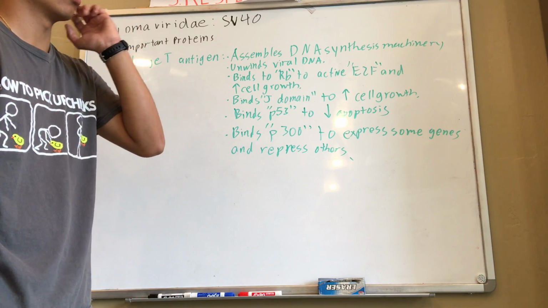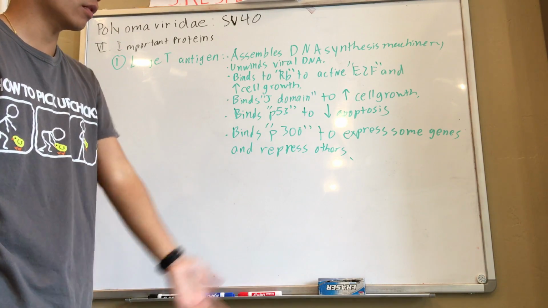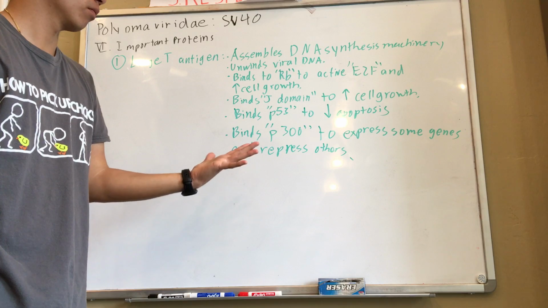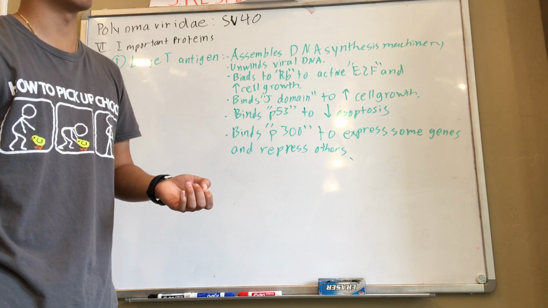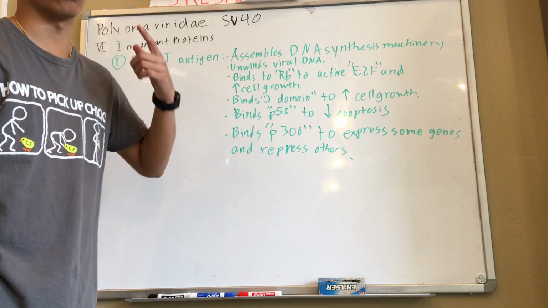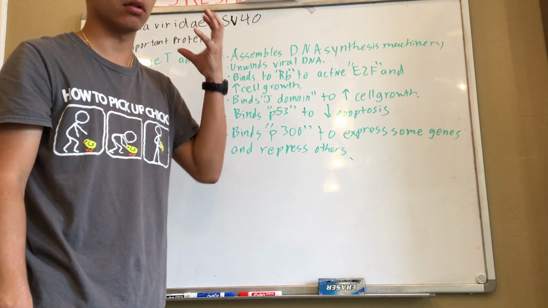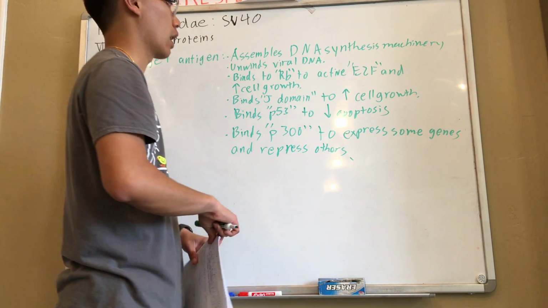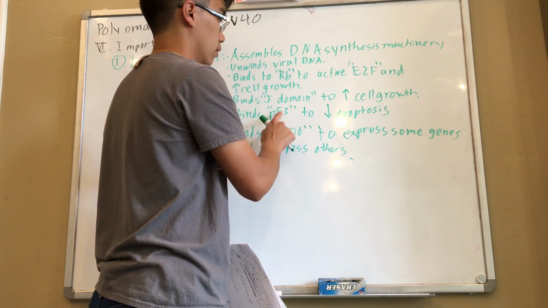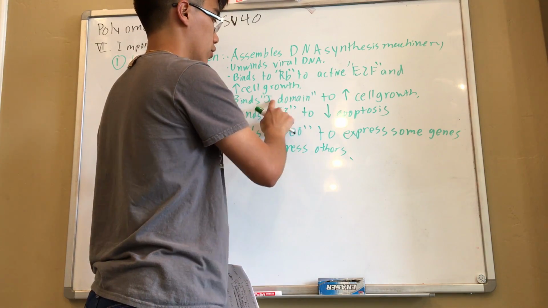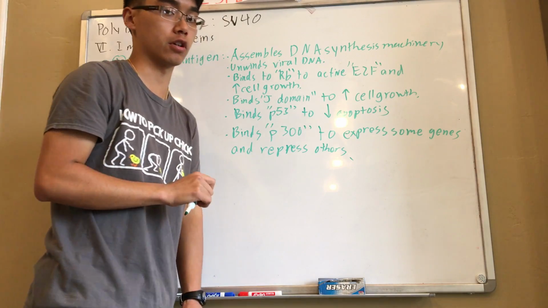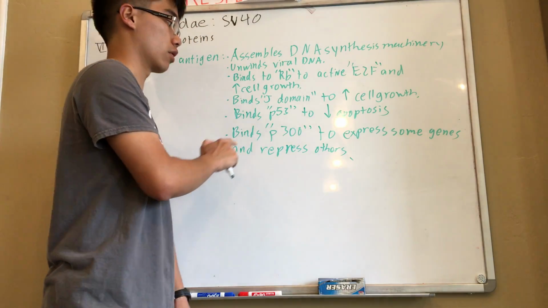You wouldn't want the cells in your retina or of your eyeball to continue growing. Then you won't have a working eye. So you have these genes there, RB, E2F, J domain, P53, P300, to inhibit cell growth.